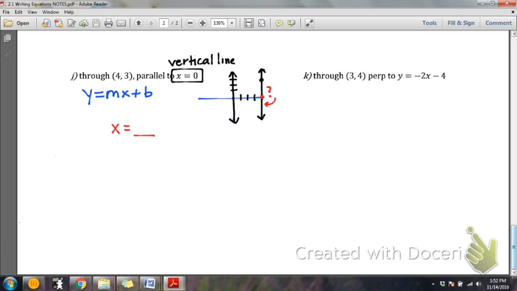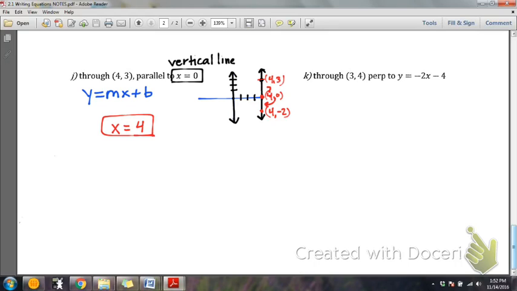Crystal says 4. I would agree with her that it keeps going through 4, right? Like this is the point 4, 0. This would be the point 4, 3. If I were to put a point down here, it would be 4, negative 2. All along there, x is 4. So this would be my final answer, x equals 4.